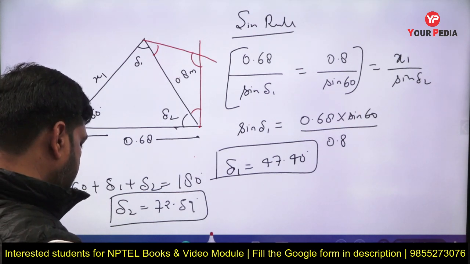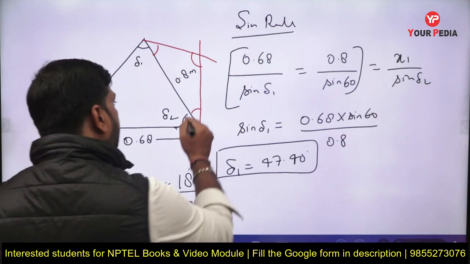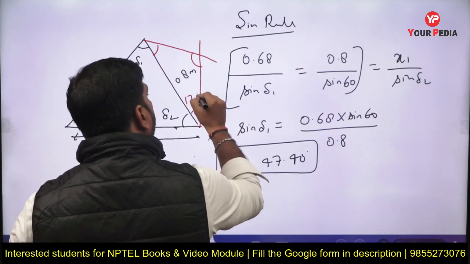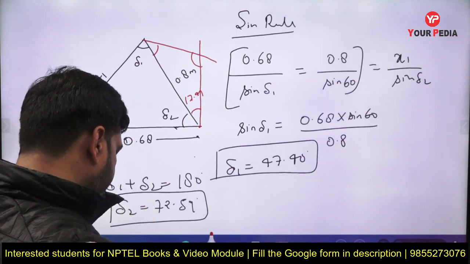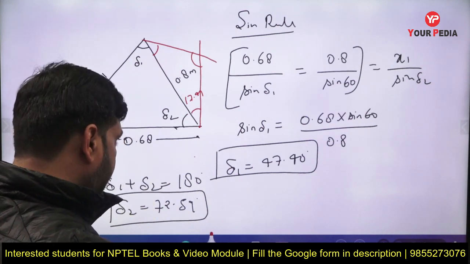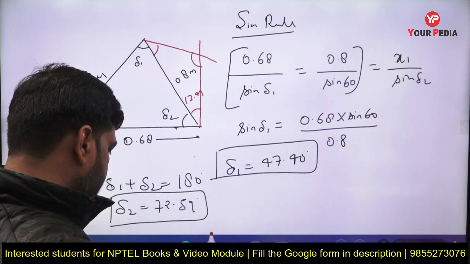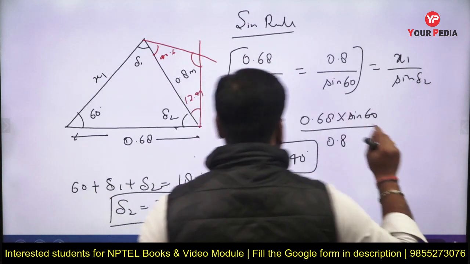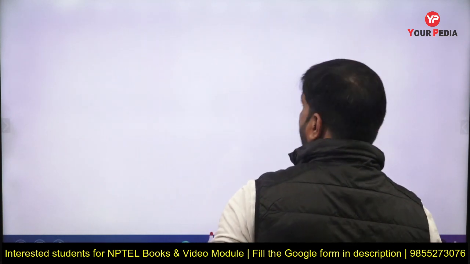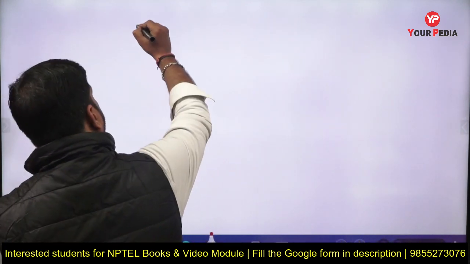This value comes to be 17.41 and this value comes to be 90 minus 47.40, which is 42.6. So we can make this triangle on another slide like this.